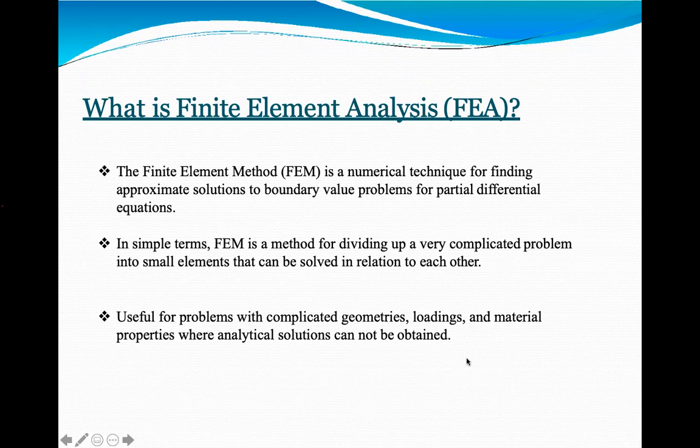But all materials may not show a simple linear relationship. They might have a non-linear relationship, or we might need to analyze problems where we have plastic strains as well. In that case, we will be using the finite element method. So three cases: either your geometry is complex, or loadings are complex, or your material properties are not linear. In that case, we will be going with finite element analysis.